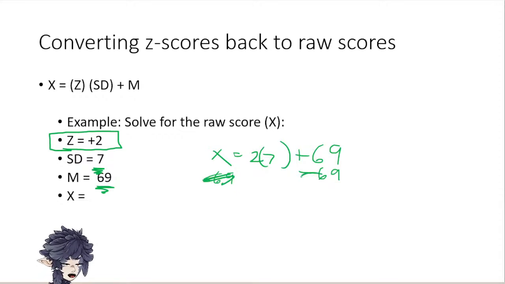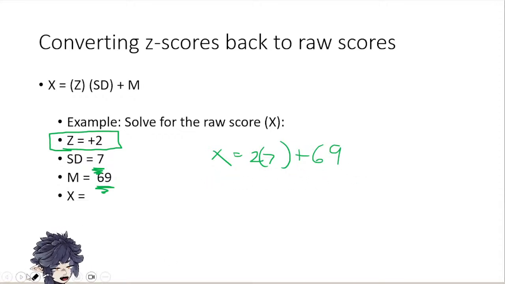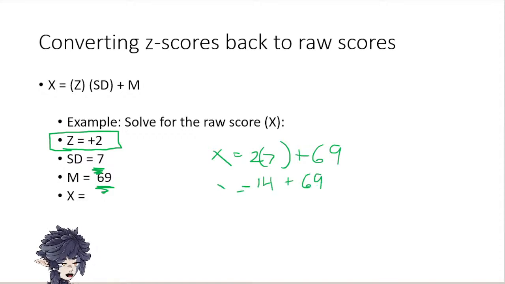Or wait, no, what am I doing? That's the wrong way to solve this. I got stuck on the old solving for x, and that's not at all what we're doing here. The first thing we do, let's multiply 2 by 7. Remember order of operations, PEMDAS. So 2 times 7 gives us 14. Plus 69. And then we add 14 and 69. So that is 83.